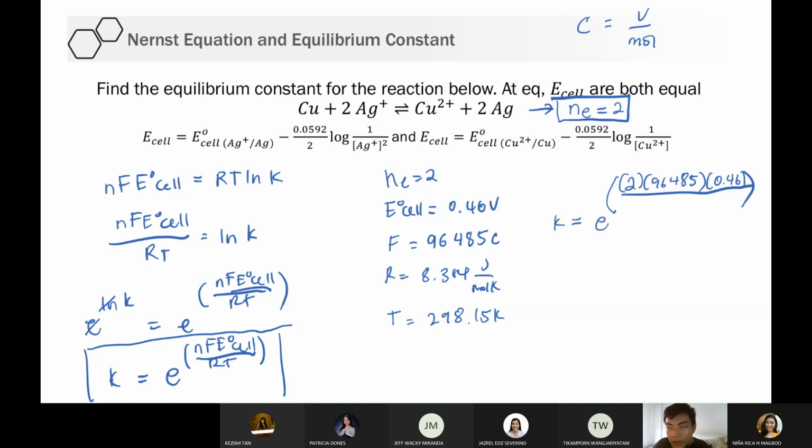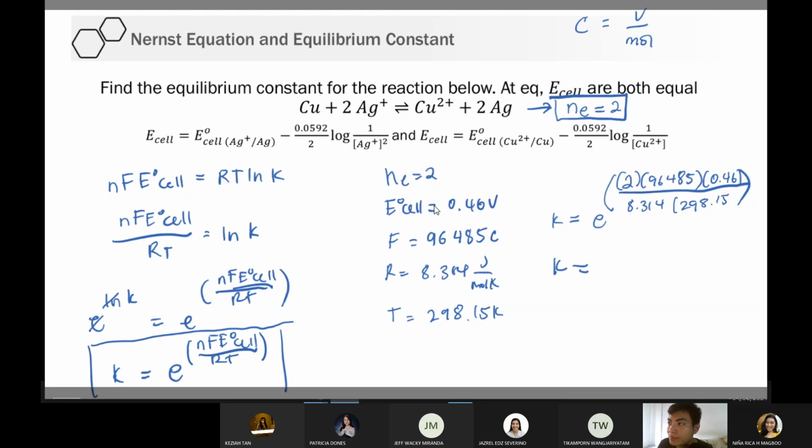Again, I'm not going to write the units anymore because we assume that they will cancel out. R is 8.314 and T is 298.15. Okay, so let's plug this into our calculator and let's see what's K.